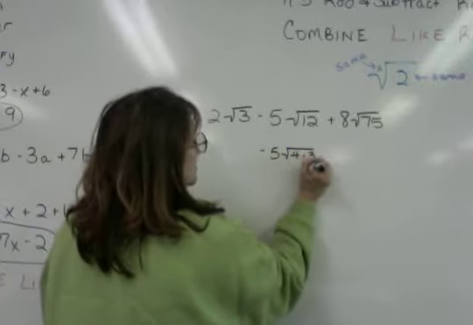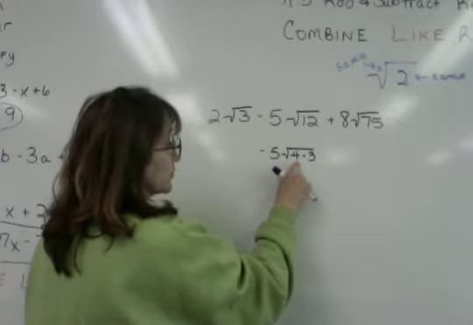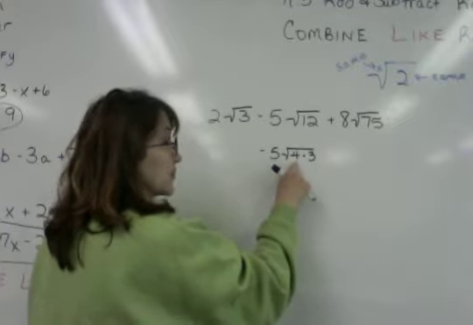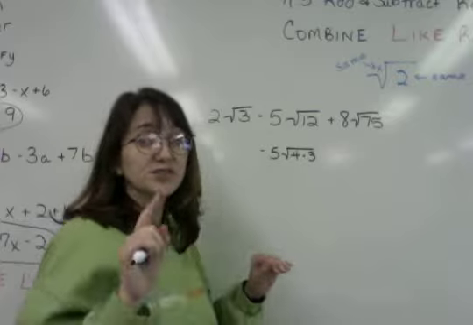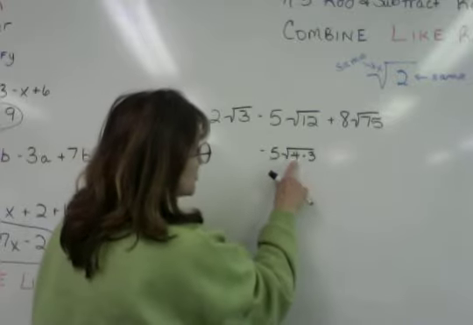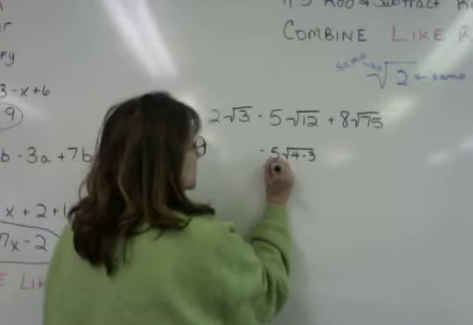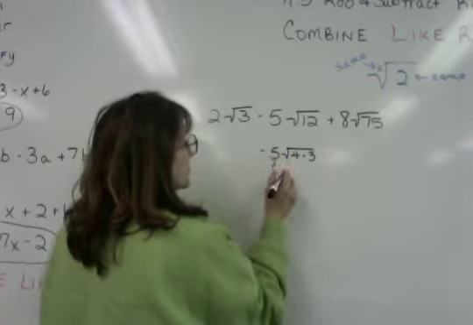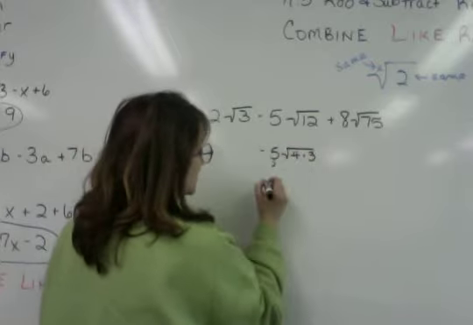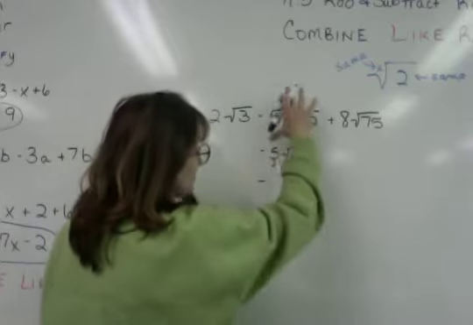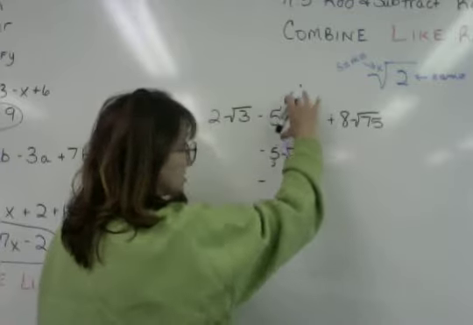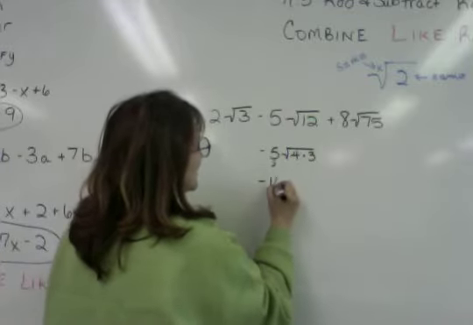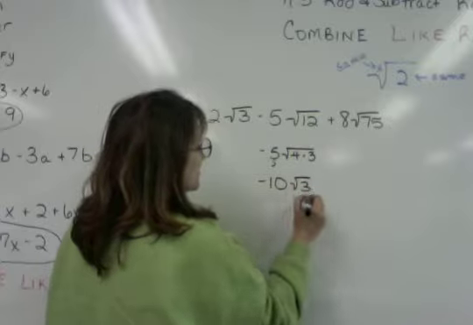So 4 times 3. I'm going to go ahead and bring out the 2, because 4 is a perfect square. It's 2 times 2. I'm bringing the 2 out, and then I'm going to multiply that 2 to this 5 that's hanging out here. So this radical expression is going to become 10 times the radical of 3.